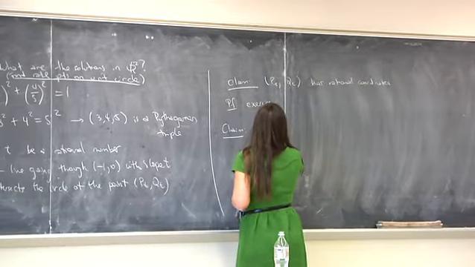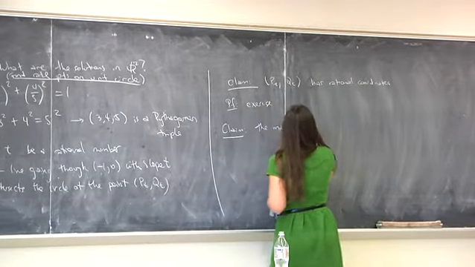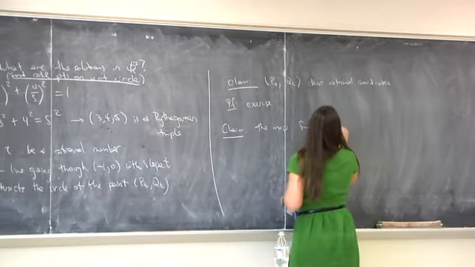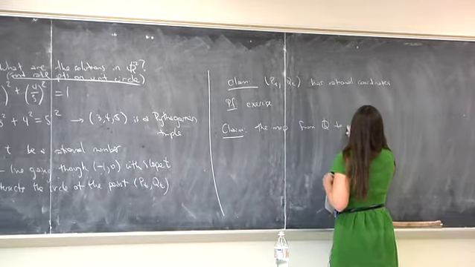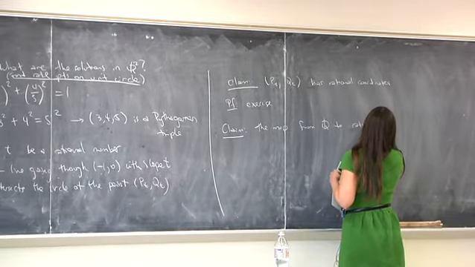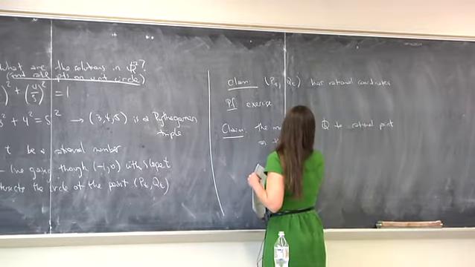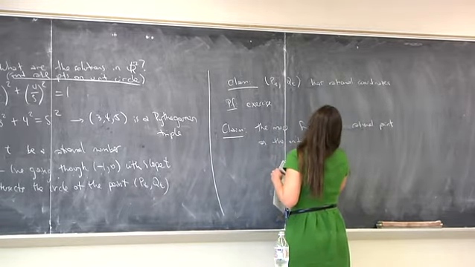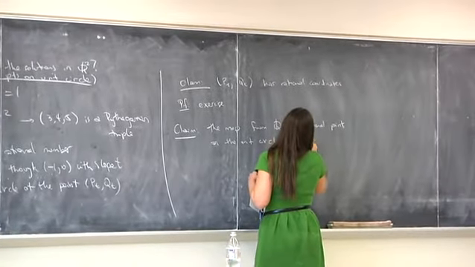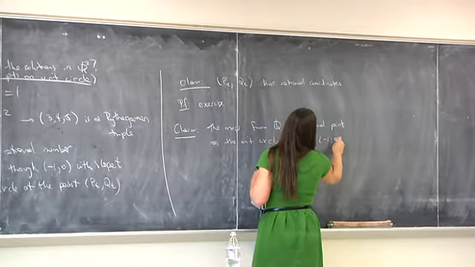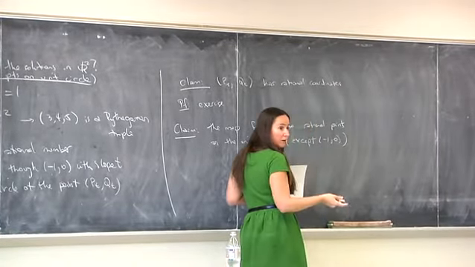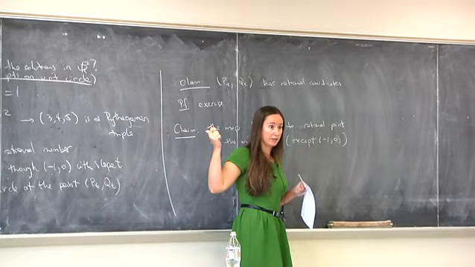The map from Q to rational points on the unit circle, except -1, 0, which we know is a rational point, but we're not going to get this way, right?